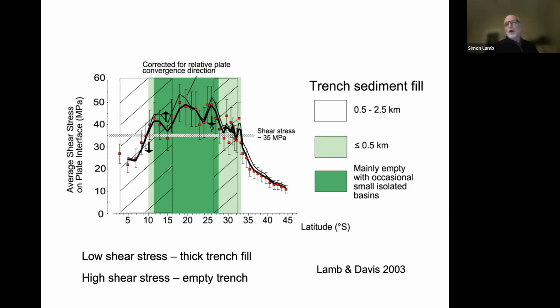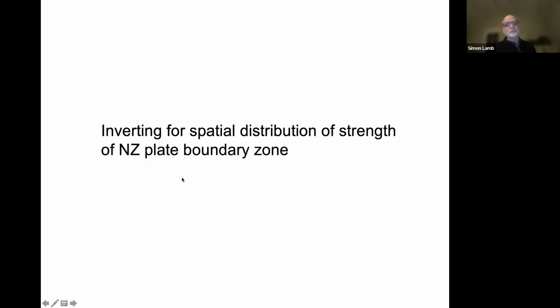If you fill up the whole system, the megathrust becomes very smooth, and it just decouples on wet sediment, and then you get this big drop in strength. So basically: low shear stress, thick trench fill; high shear stress, empty trench.